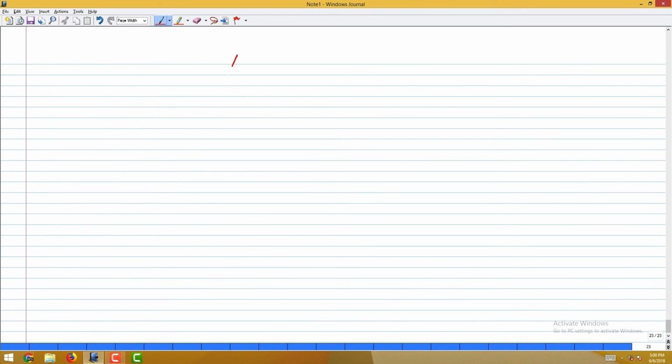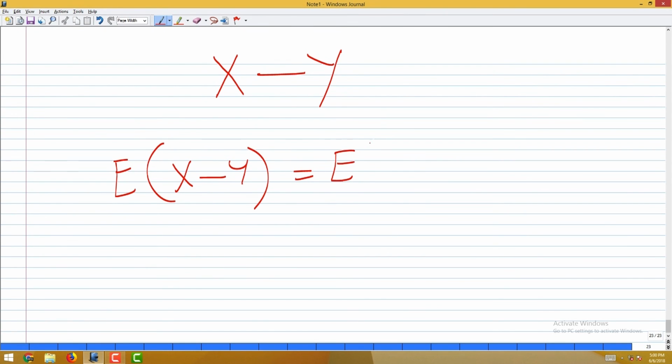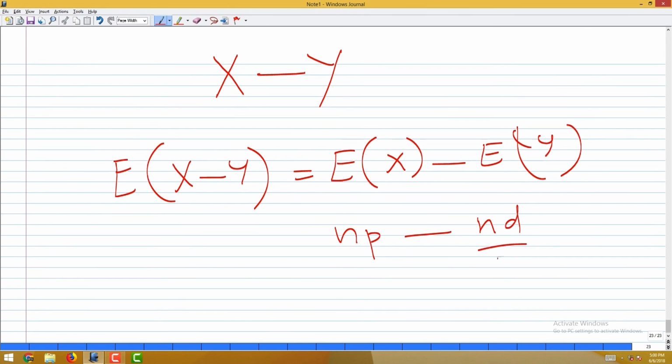Now, this is the trick, we will define a new random variable x minus y. X minus y means the number of vertices selected minus the number of edges. It can become a negative number, positive number, whatsoever, but I will see what is the expected value of that. So the expectation of x minus y. By linearity of expectation, this is very easy: expectation of x minus expectation of y.